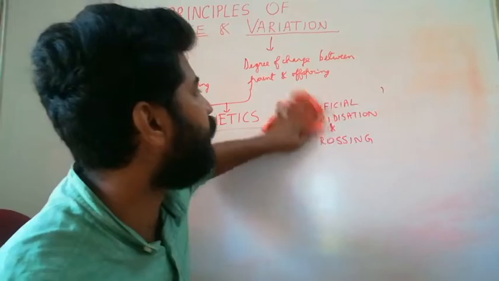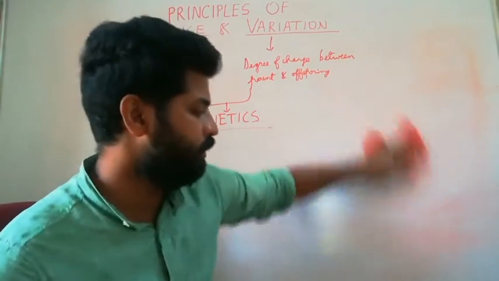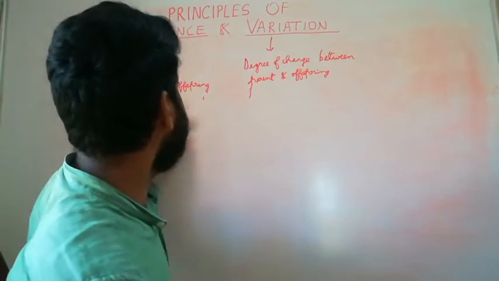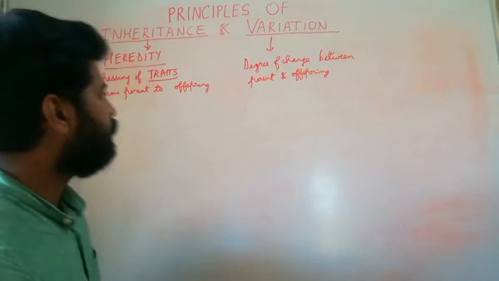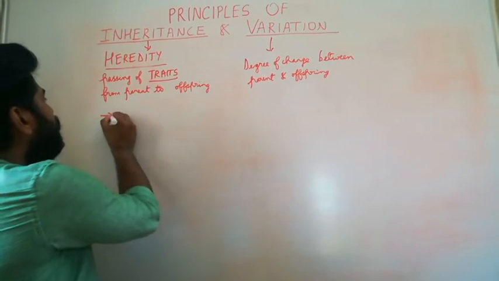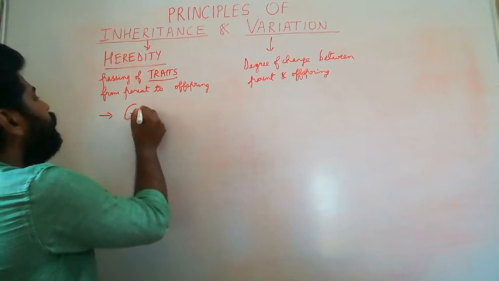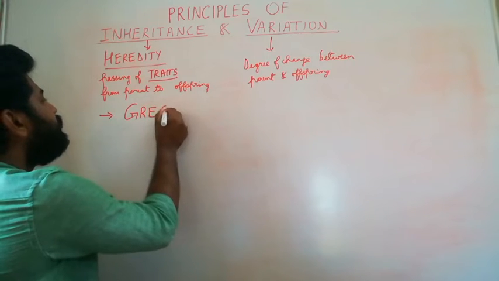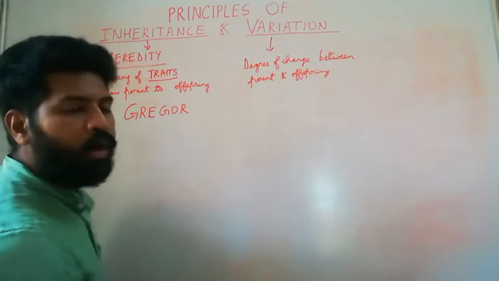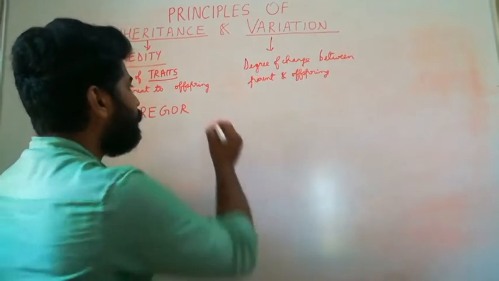He is called the father of modern genetics. Gregor Johann Mendel was an Austrian monk. He was interested in biology as well as mathematics.